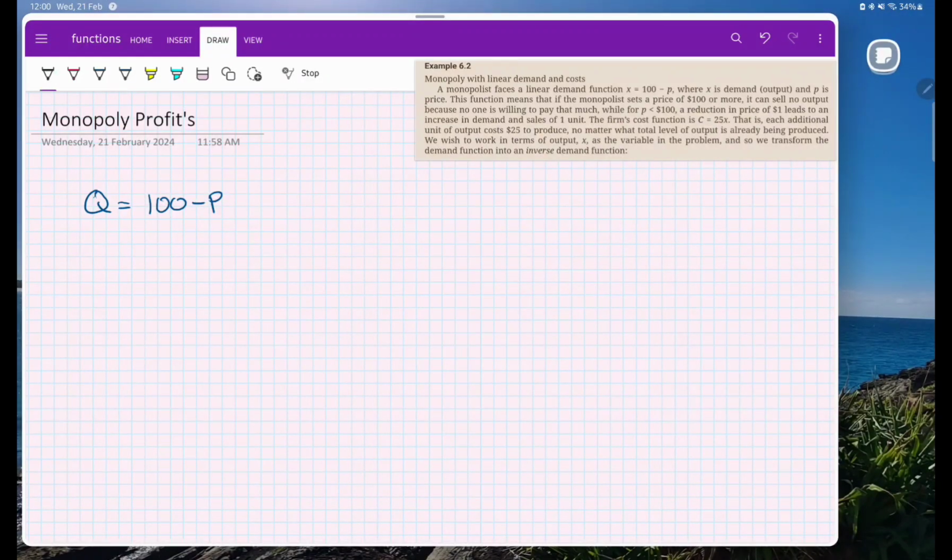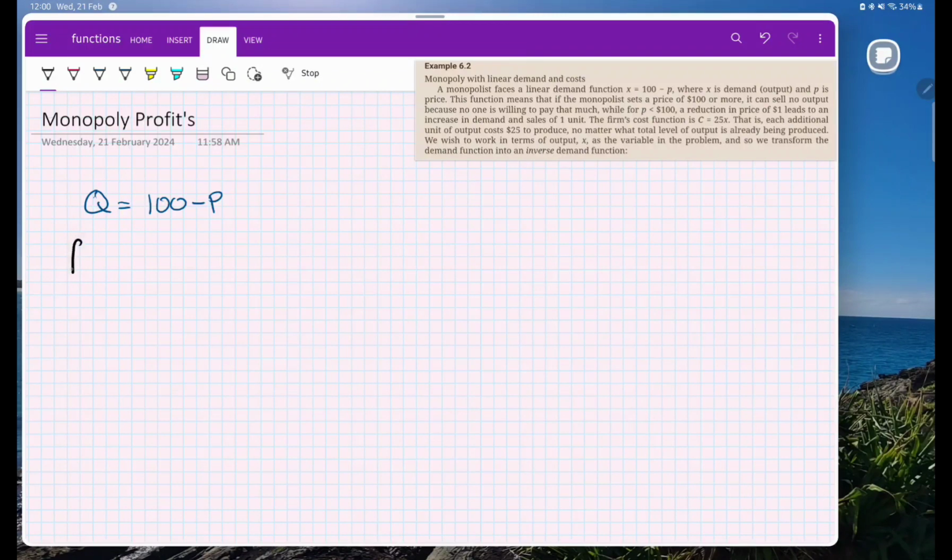Okay, and then putting that in terms of our inverse demand function, because we want to work in terms of our output. So we need that in the problem, right? We need that to be our independent variable, not our dependent variable.